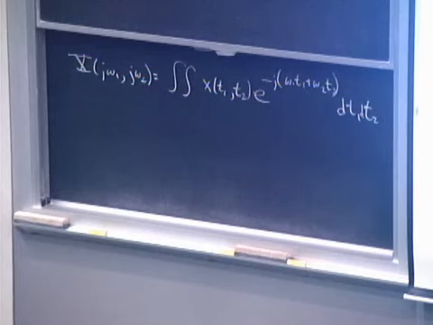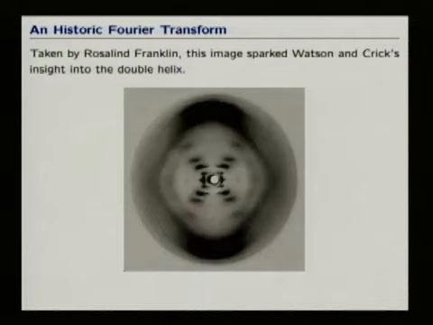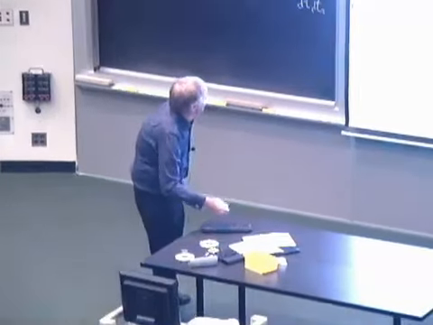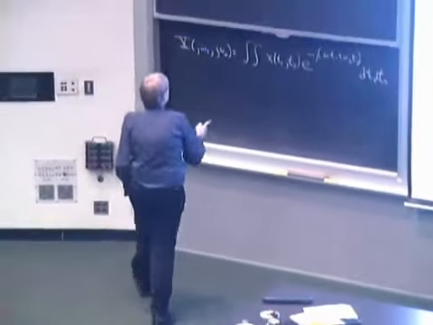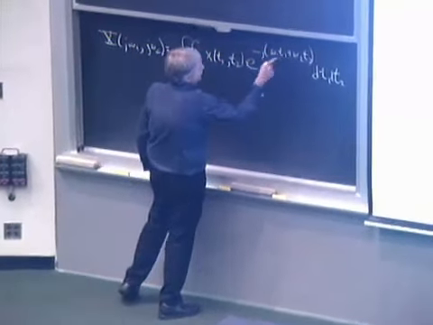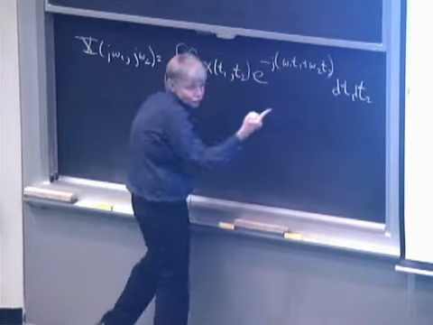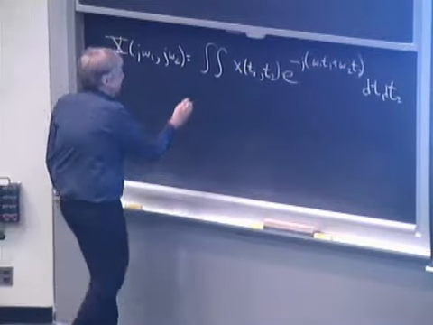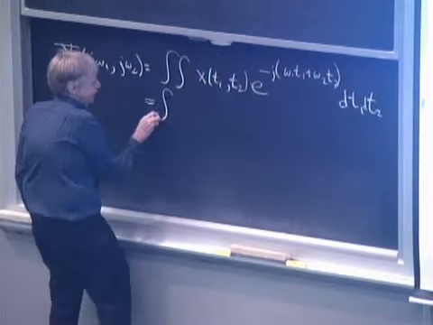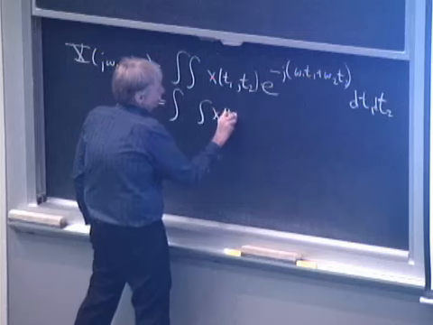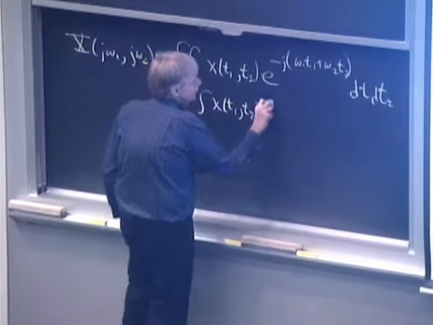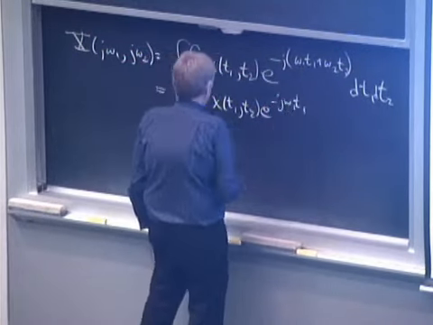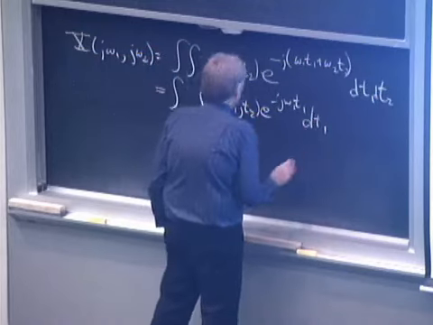The way to think about that, I probably shouldn't distract you with this, that's the next slide. So the way to think about this is that it separates, right? e to the j sum is e to the j1 times e to the j2. So I can write this more simply as the integral of x of t1, t2, e to the minus j omega 1 t1, dt1.